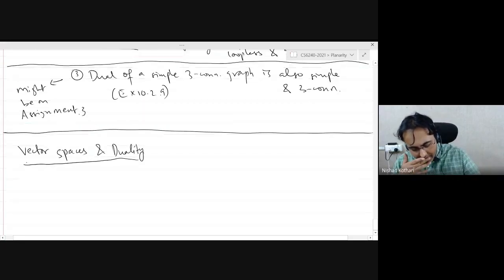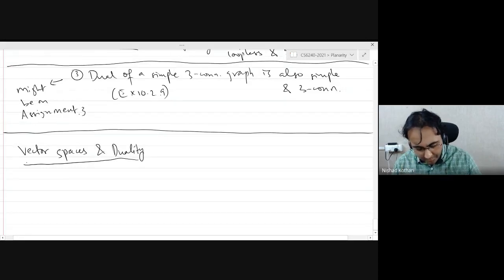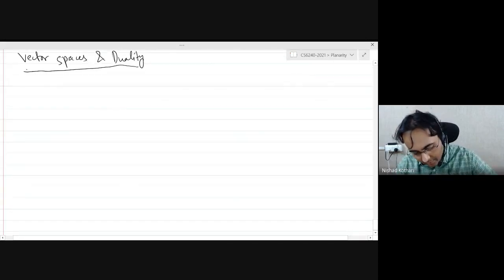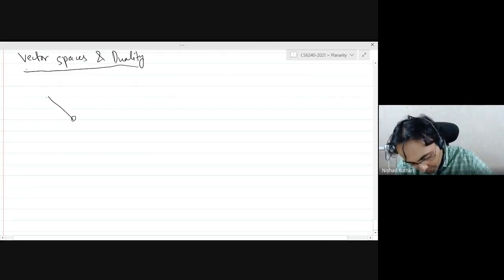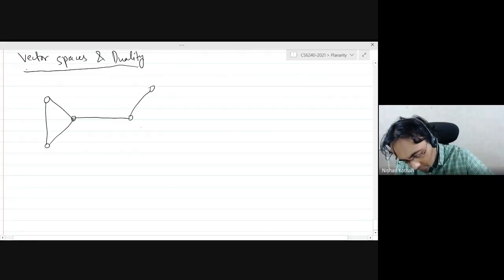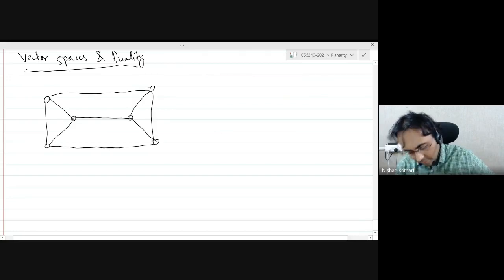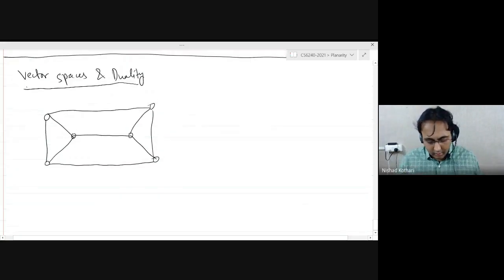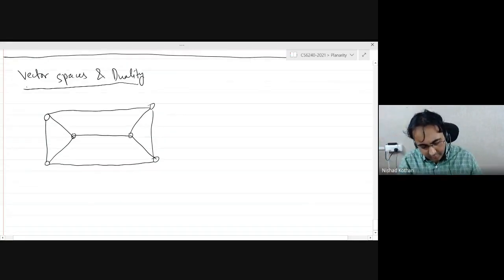Okay, good. How do I want to do this? Yeah, let's take an example, and I'll draw one of my standard examples. Okay, so we've got this graph G here.